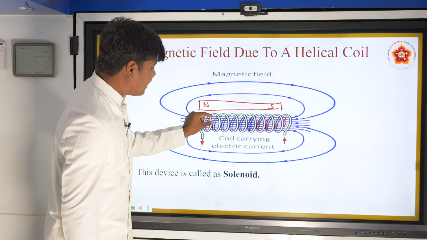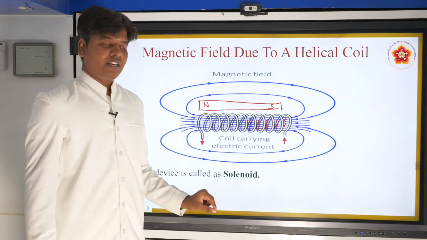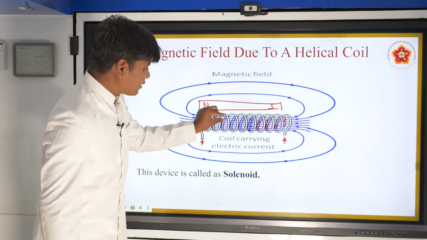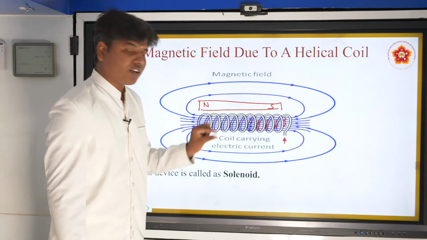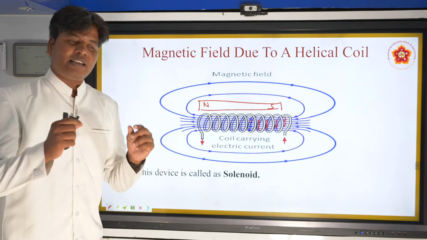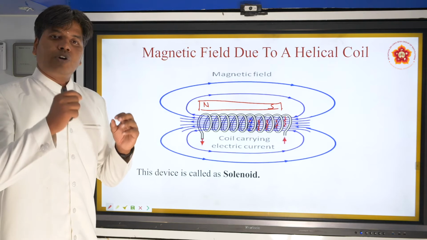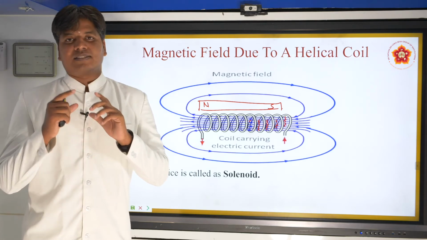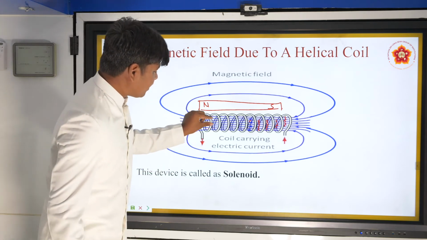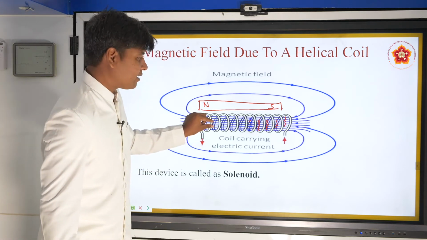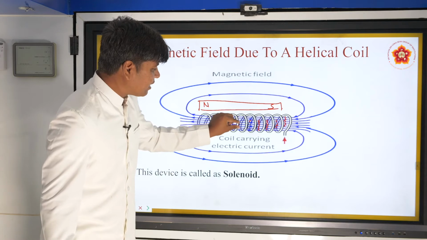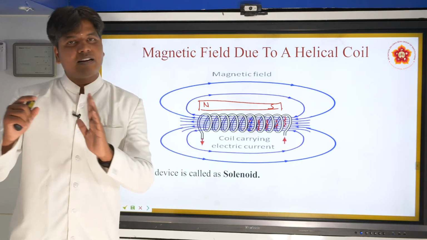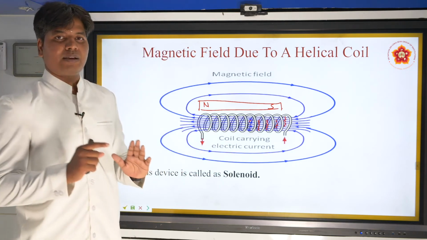Everywhere the magnetic field intensity will be the same. If you take a small area here, here also, in every cross section of area, the same number of magnetic field lines will pass. If two magnetic field lines pass here, then in similar areas taken anywhere, only two magnetic field lines will pass. This is for example I am saying.